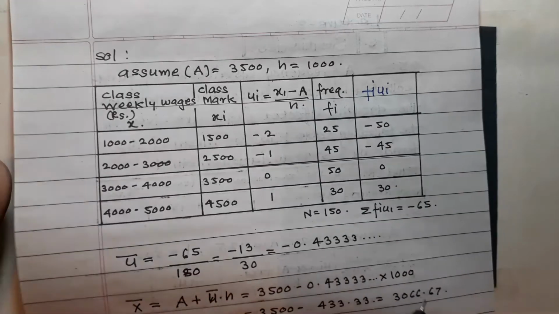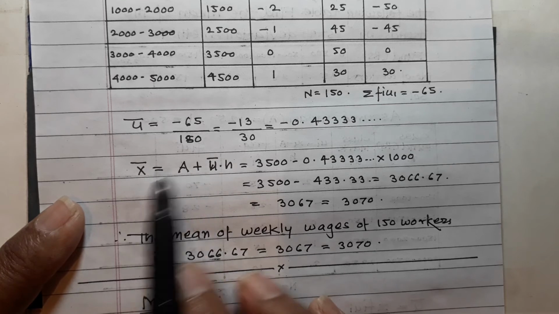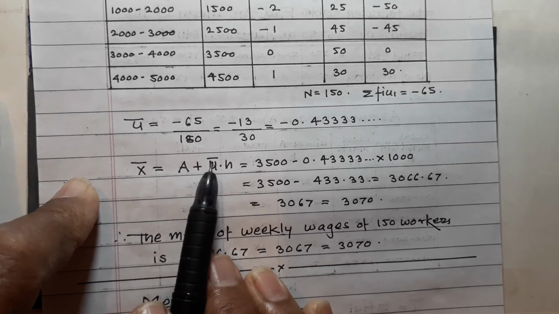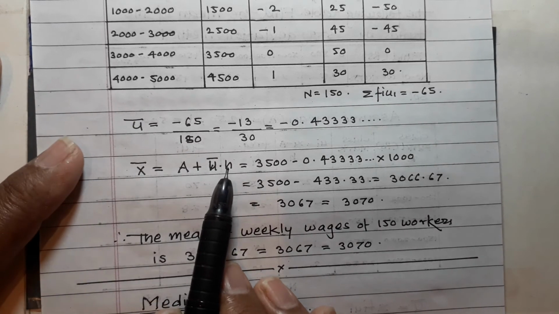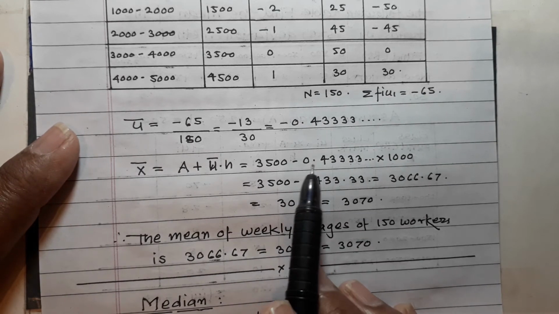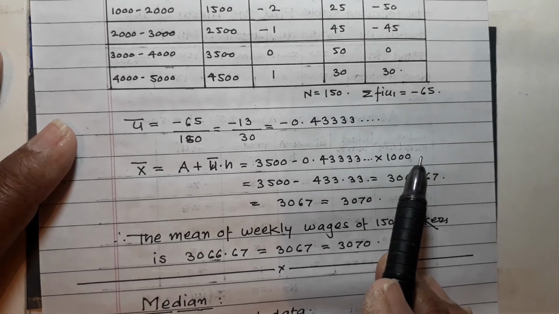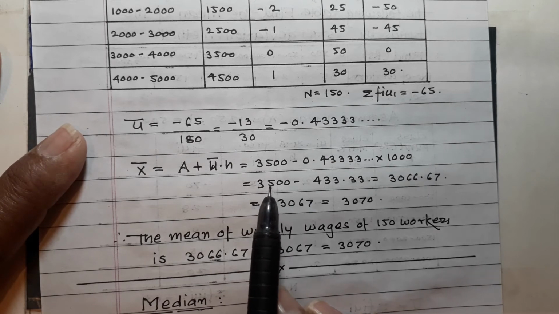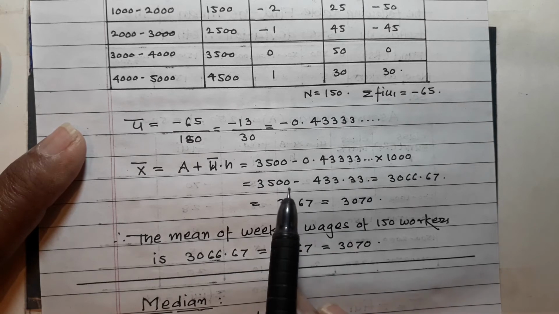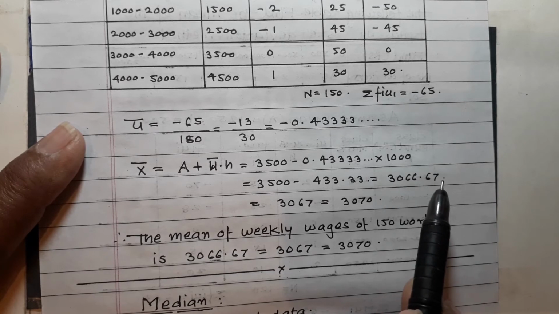Now therefore x bar, that is mean, is equal to, the formula for the step deviation method, a plus u bar into h, that is assumed mean plus u bar into h. Substitute values: 3500 minus 0.43333 into 1000, so it is equal to 3500 minus 433.33, and if you subtract this you will get 3066.67.